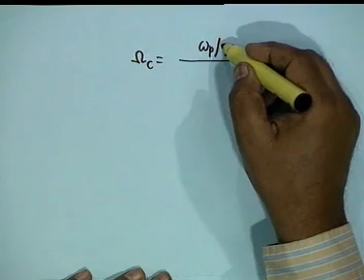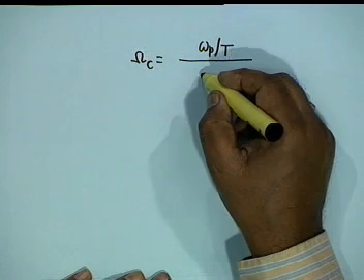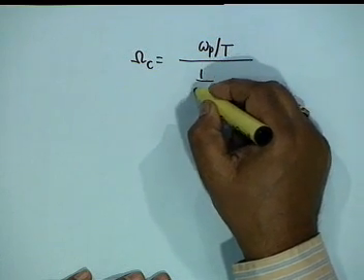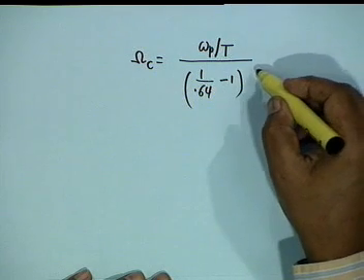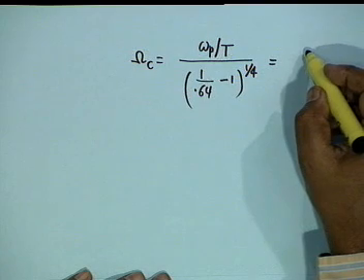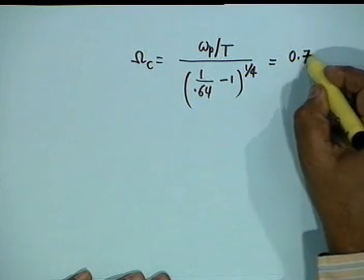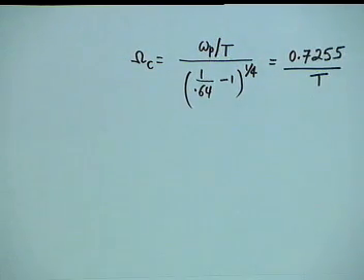This is capital omega sub p divided by the same quantity, that is 1 by 0.64 minus 1 whole to the power 1/4, and this calculates out as 0.7255 divided by t. We do not keep this as 2 by t. 2 by t came in the bilinear transformation, so this is good enough, 0.7255 divided by t.